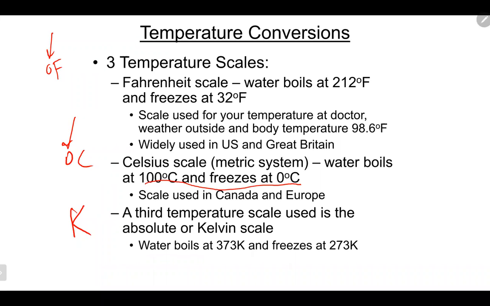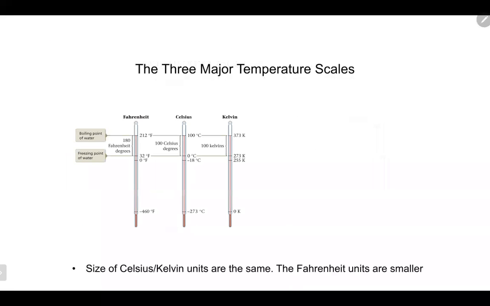Now, the differences between where water freezes versus where it boils on these three temperature scales are where we get our conversions. For Fahrenheit, there's about a 180-degree difference. For Celsius, there's about a 100-degree difference, and also about a 100-unit difference for Kelvin.